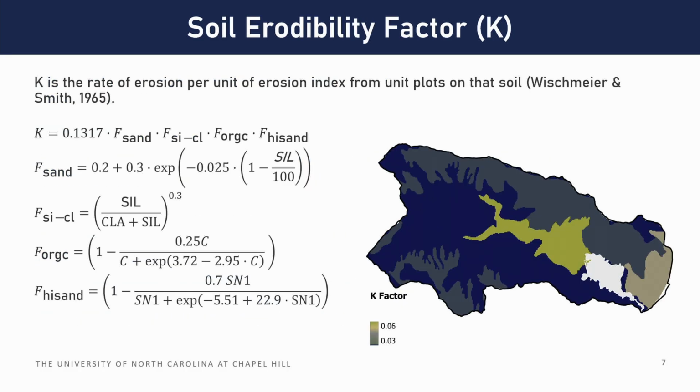So the soil erodibility factor or K factor is the influence of soil properties on soil susceptibility to erosion. The higher K value represents higher susceptibility to erosion, and it depends on the soil texture, such as the percentage of sand, silt, and clay, and soil organic carbon content.